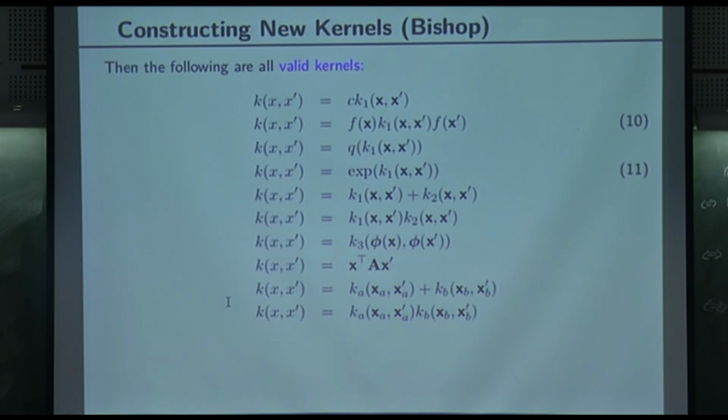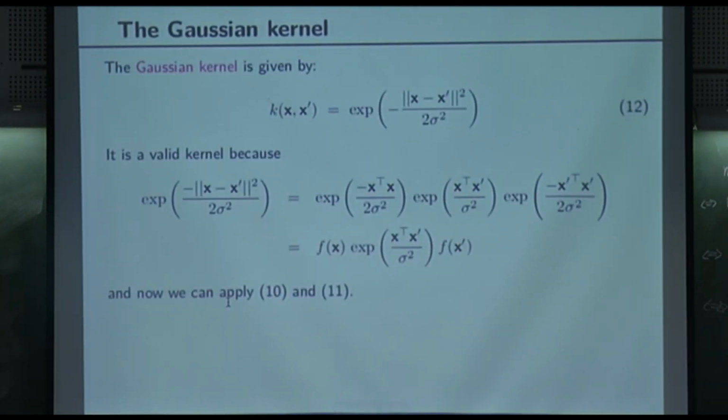So the mechanism for doing kernels is that you take a basic kernel and then you build things from there. Here's another example. The Gaussian kernel, which is extremely useful and used all the time, is defined as K(x, x prime) equal to the exponent of minus the norm of x minus x prime squared, divided by 2 sigma squared.